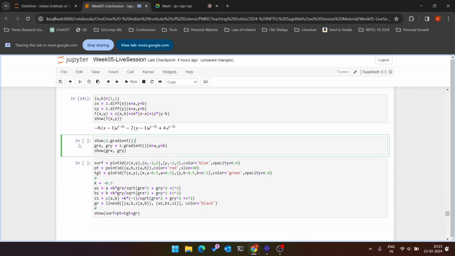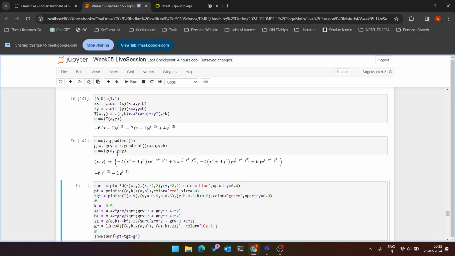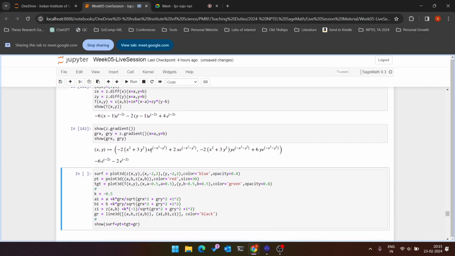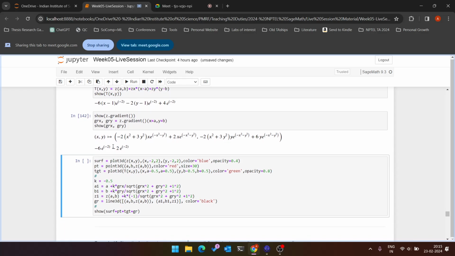Next, I'm looking at the gradient of z at my given point. This basically calculates the gradient of z at my given point a comma b.